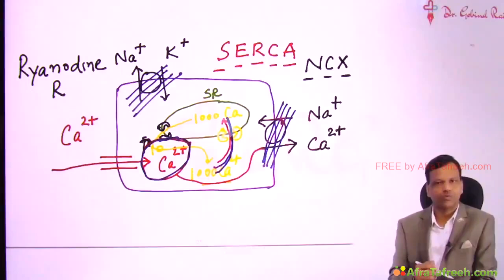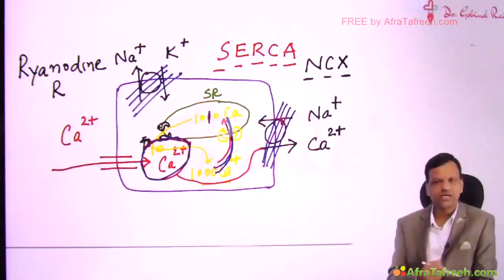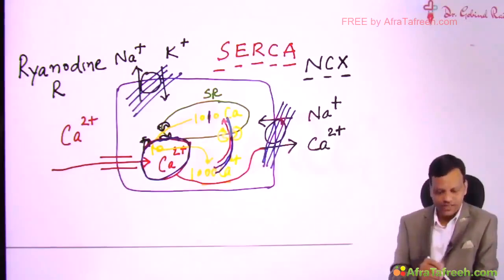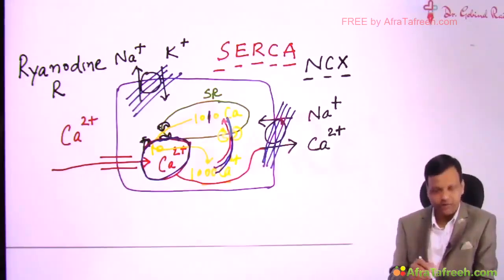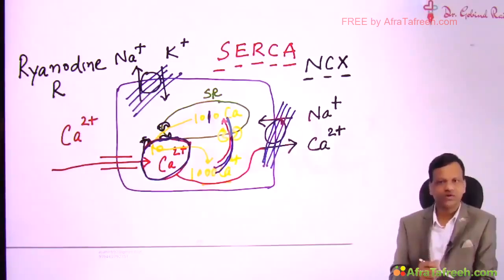Obviously no. But what is happening is, instead of 1000 molecules of calcium, now we have 1010 molecules of calcium inside the endoplasmic reticulum. So when the next depolarization occurs, 10 molecules of calcium come, they will stimulate the ryanodine receptor, and now the endoplasmic reticulum will release 1010 calcium. Is it clear? But 1010 calcium will not significantly increase contraction.